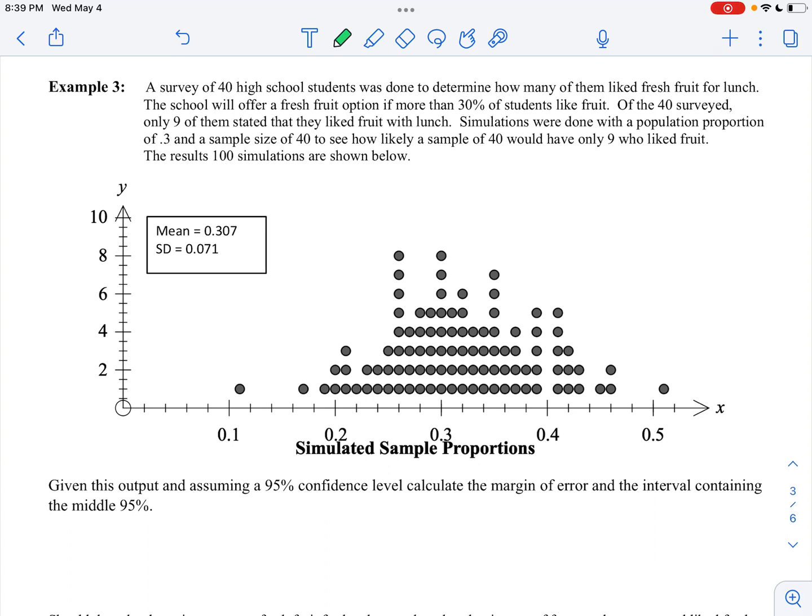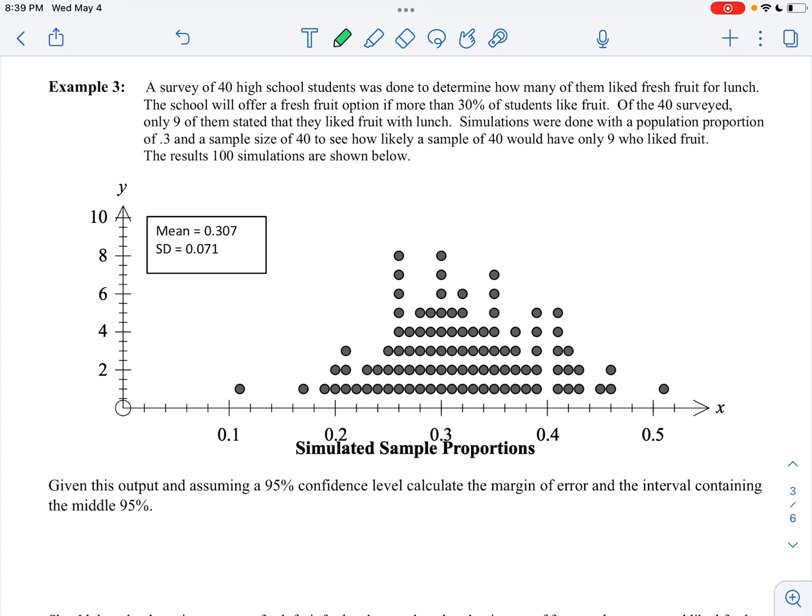The goal here is to see whether our one sampling of 9 out of 40 students who liked fruit was likely. If we used a computer simulation and did 100 simulations, that's what we're looking at here. Each of these dots represents one survey of 40 students: how many said they liked fresh fruit out of the 40?